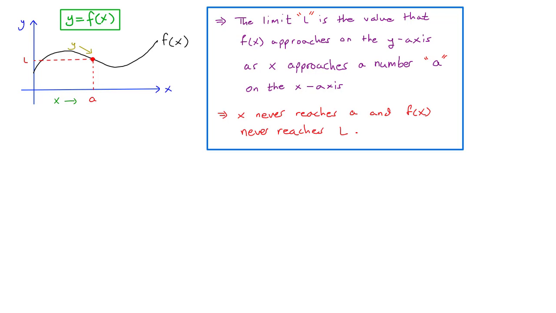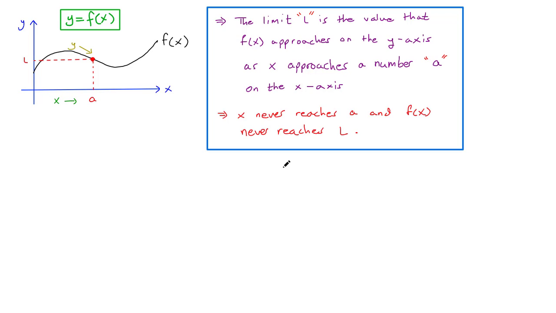Now, it's important to also keep in mind that x never reaches a, okay? So x never reaches a, and f of x never reaches L, right? The idea of a limit is simply where will f of x be as x approaches a.